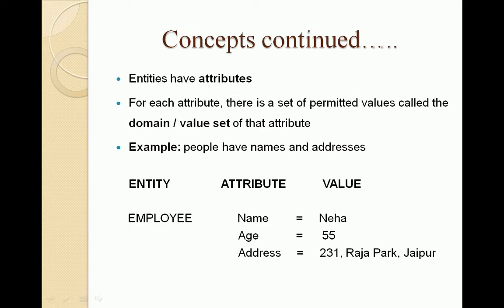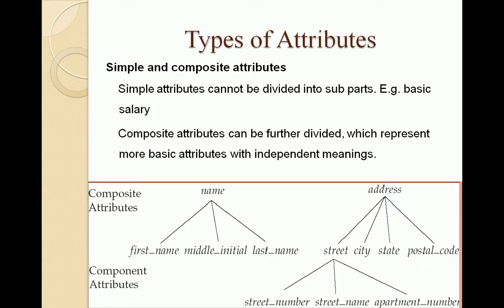And what are the values? Name is equal to Neha, age is equal to 55, address is equal to 231 Raja Park, Jaipur. So these are the value set or the domain set of the attributes of entity employee.